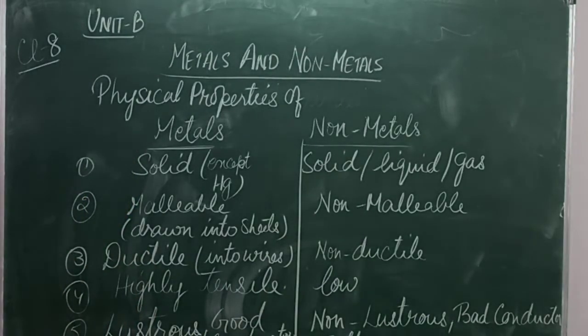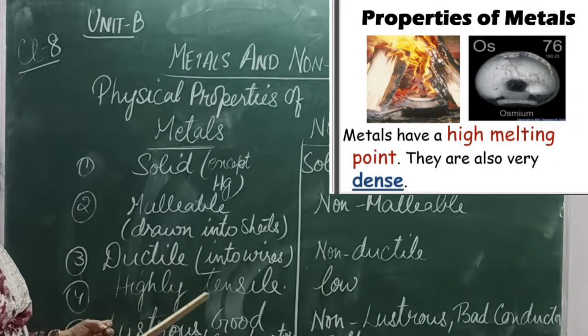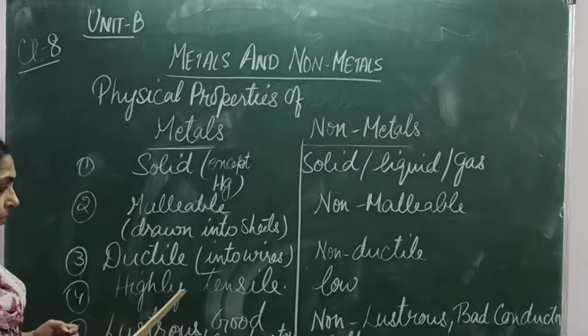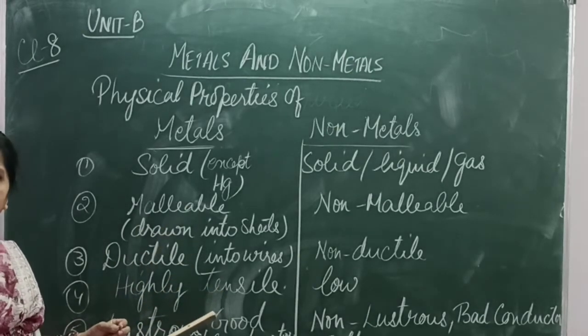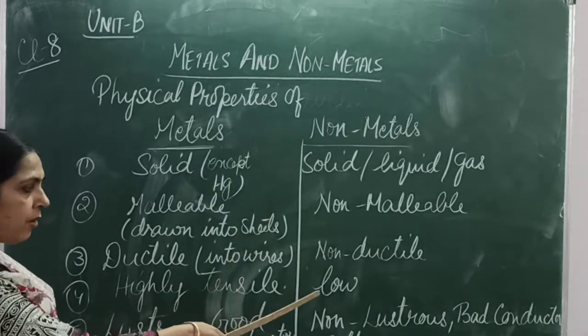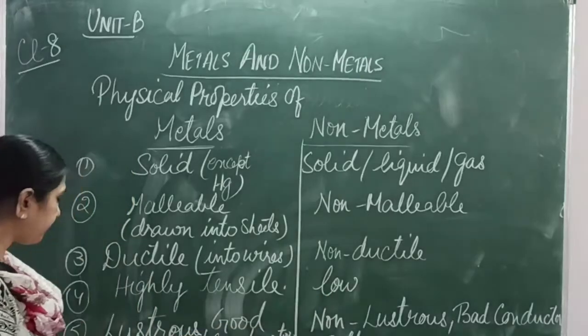Then the fourth property is that they are highly tensile. That is, they can be stretched or elongated. Right? Tensile means they can be stretched. Okay? So metals are all tensile, whereas the non-metals have low tensility. Okay?